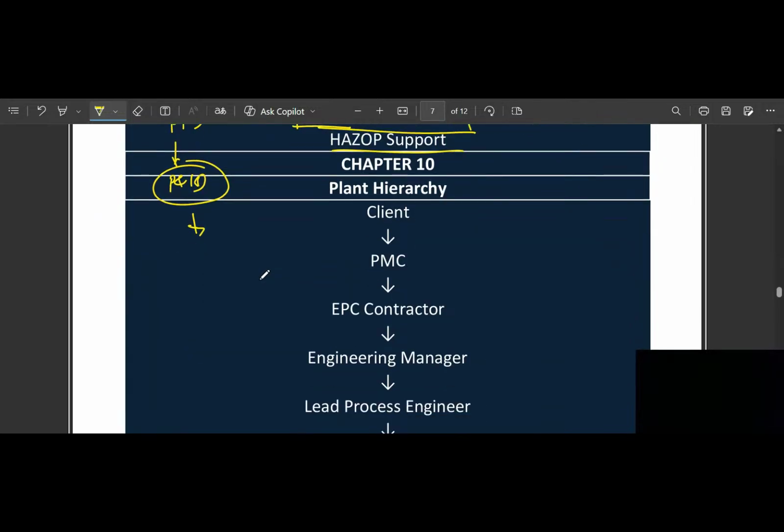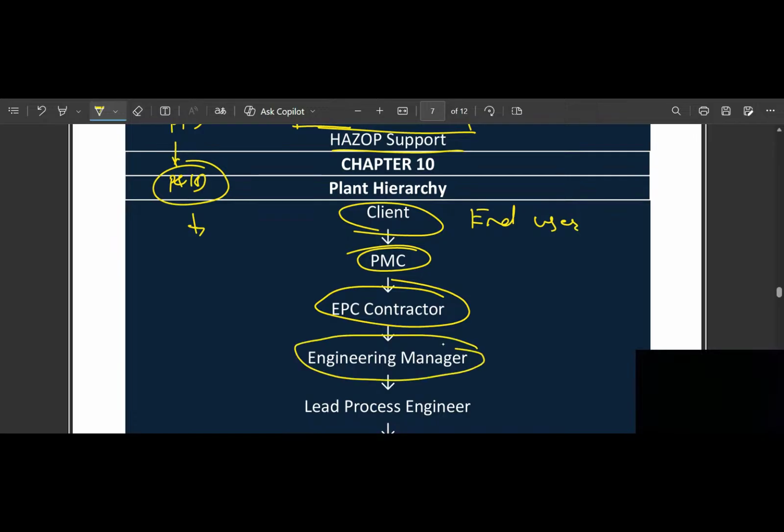Okay. Then plant hierarchy. Okay. Plant hierarchy, it's a structure of any organization. Okay. So client means what? Like end user. Then EPC contractor.